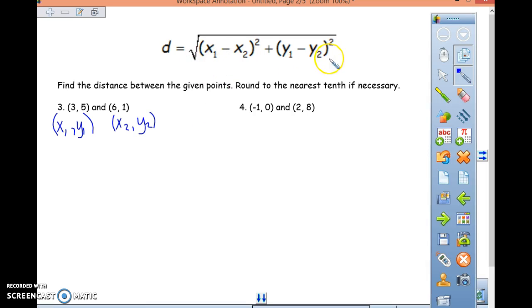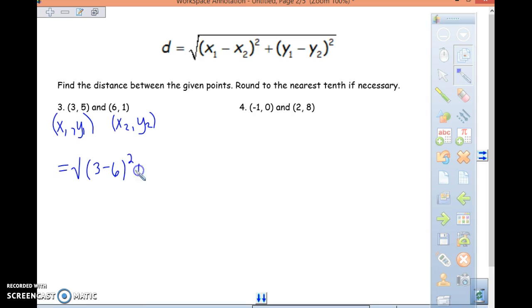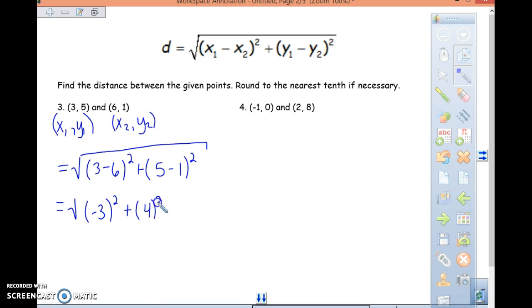So using this formula, we are going to take the first x value and subtract the second x value. 3 minus 6, quantity squared, plus the first y value minus the second y value. Simplifying inside our parentheses, we get negative 3 quantity squared and 4 quantity squared.